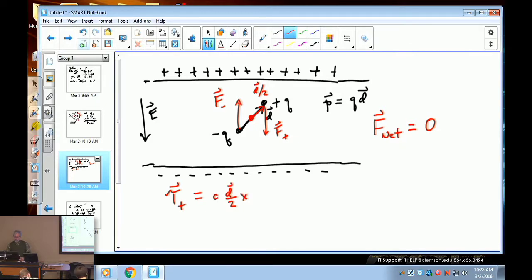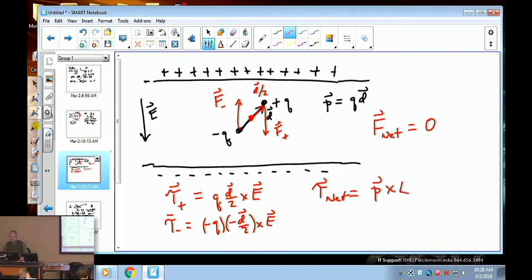I'm going to pull the q out here. So that's the torque on the positive end, and the torque on the negative end is opposite charge, but also the r vector is in the opposite direction. So there is a net torque, which is the sum of these two, and when you add them together you get p cross E as the net torque on this thing.